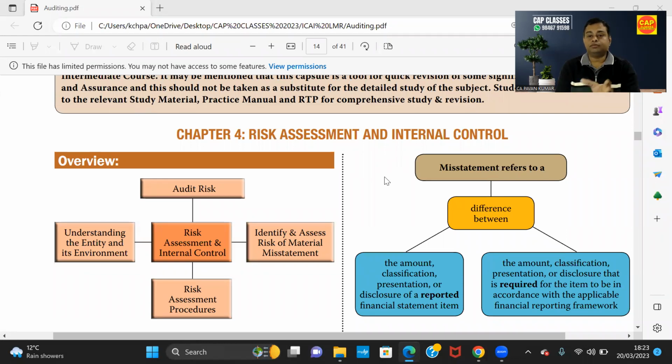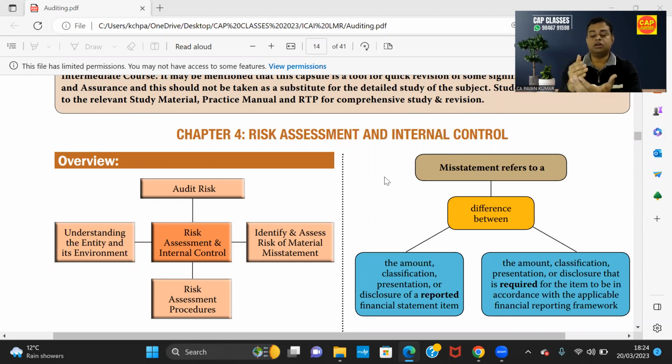When you're studying auditing, any chapter you randomly take, there are certain phrases which will literally run behind you or make you run behind them or haunt you if you do not understand the meanings, like true and fair, materiality, misstatements, risk of material misstatements, financial reporting framework, isn't it?